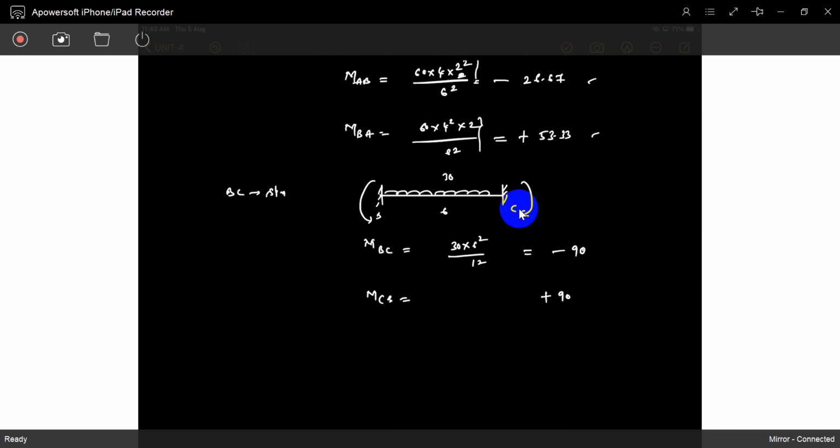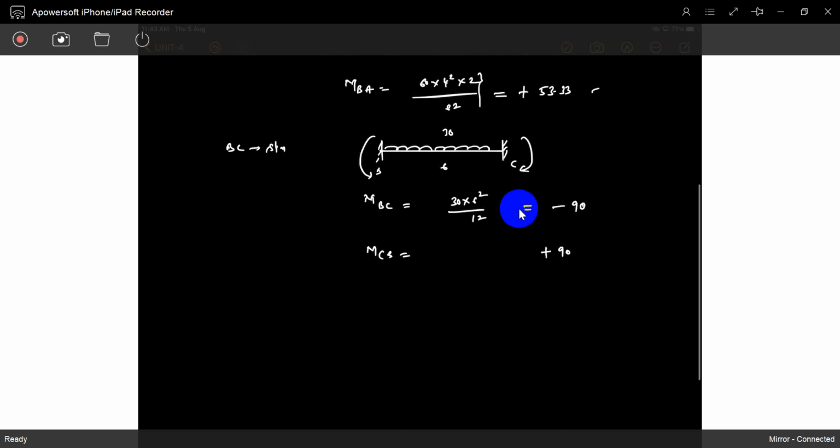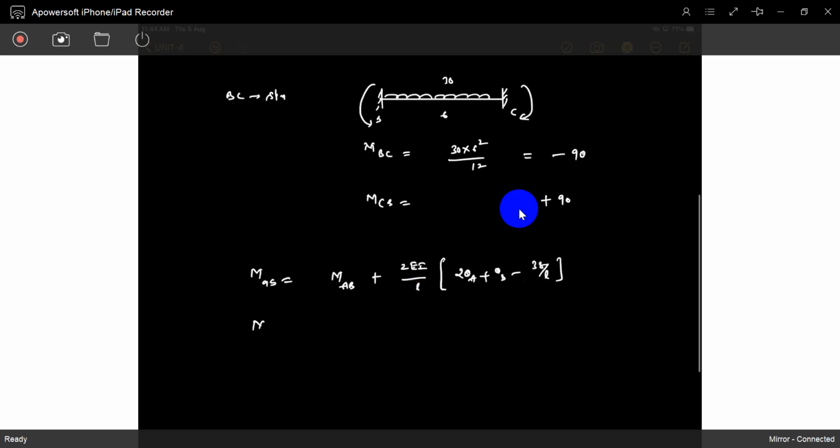Now you can observe it. So slope deflection equations. MAB, the direct final moment, what will come? MAB is equal to fixed end moment plus 2EI by L times 2 theta A plus theta B minus 3 delta by L. You already know it.